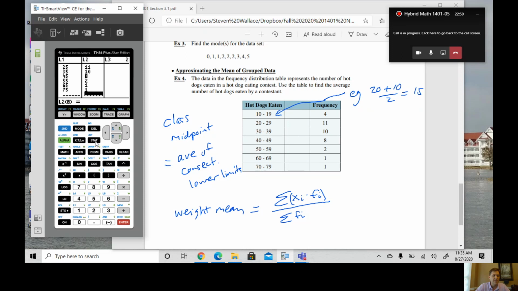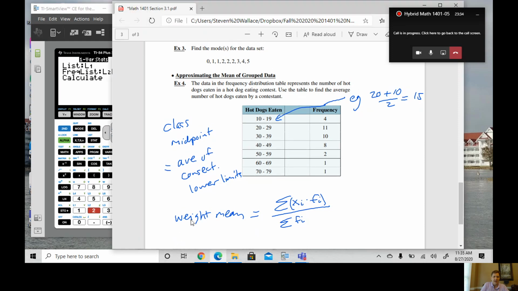So to tell the calculator to find the mean, you need to tell it that it is grouped data. So you go to Stat, Calc, 1-Var Stats. That means here your list or your data is still L1, but your frequency list is L2. Oops. So you go second 2. Okay? This is what I did in class. I have the old operating system on my computer at work, which is a little harder.